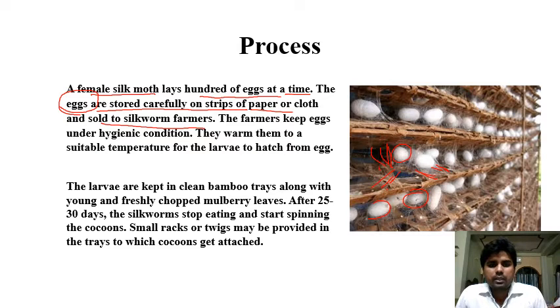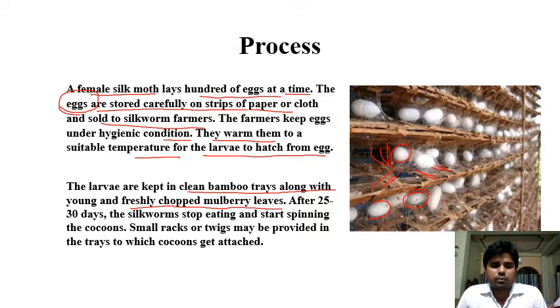The farmer keeps the egg under hygienic condition. They warm them to a suitable temperature for the larva to hatch from the egg. So we all know that for the hatching of the egg there should be an appropriate temperature. The larvae are kept in clean bamboo trays along with young and freshly chopped mulberry leaves.